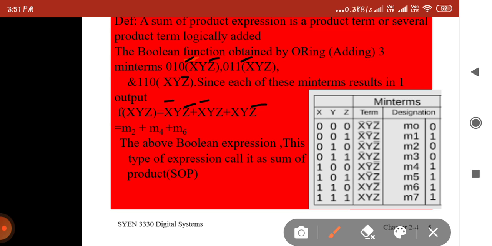This means that the output is 1 in M2, M4 and M6. All the remaining outputs are 0.